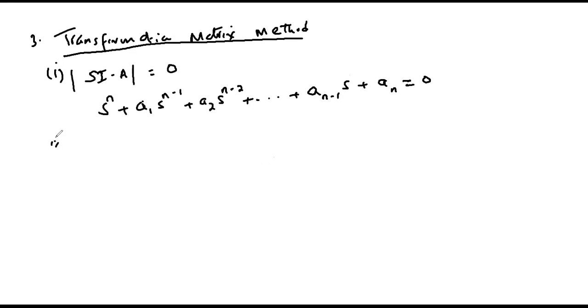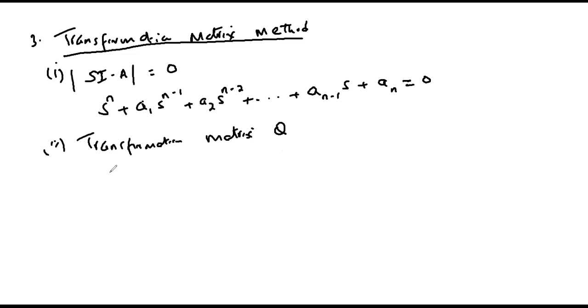Number 2, we determine the transformation matrix Q that is able to transform the system state space model into observable canonical form.